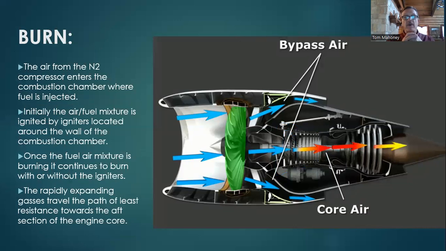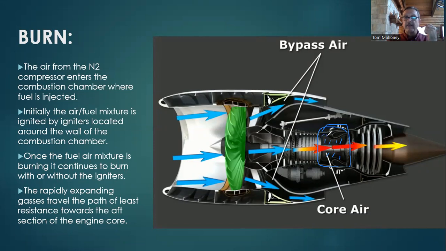Now we get to the burn portion. We talked about this right here. That's the burner can right in that area. So the fuel gets injected into this area. And there are some igniters around the outside perimeter of the burner can.